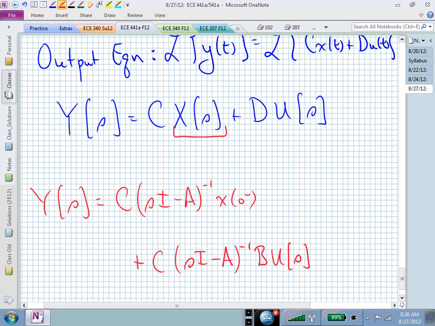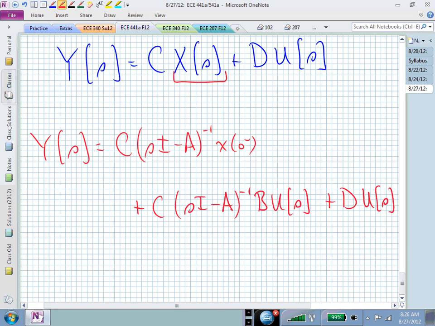And then I need to keep track of this last piece, which was the DU(s). And that's now my Laplace transform of that dynamical system, which contains some dynamics, x dot equal Ax plus Bu, and y equal to Cx plus Du.